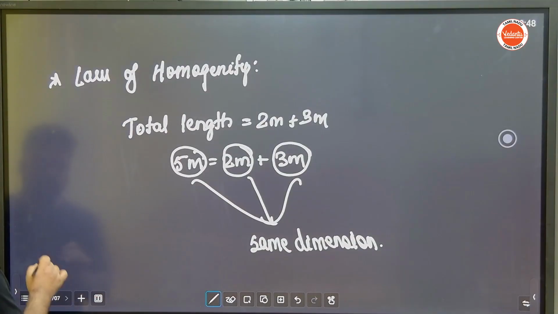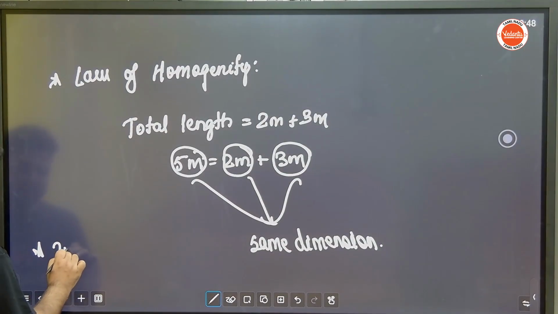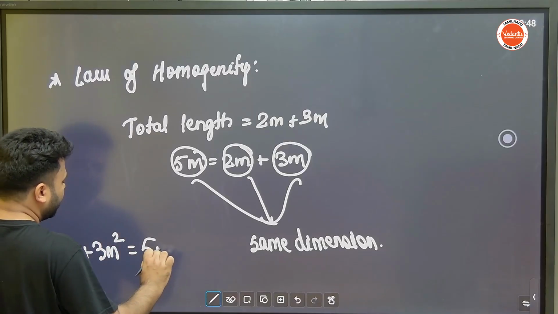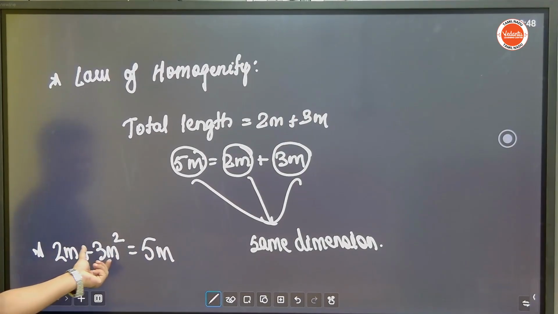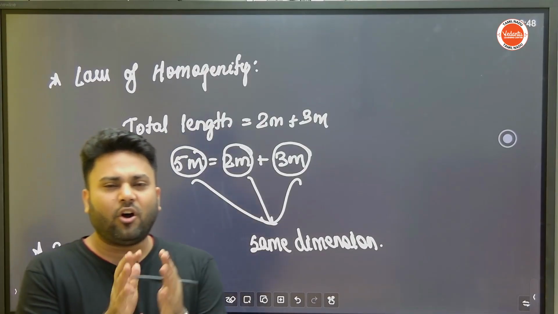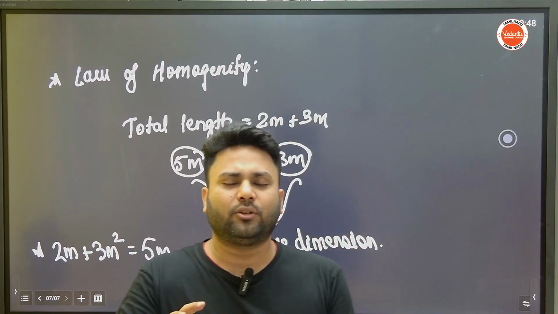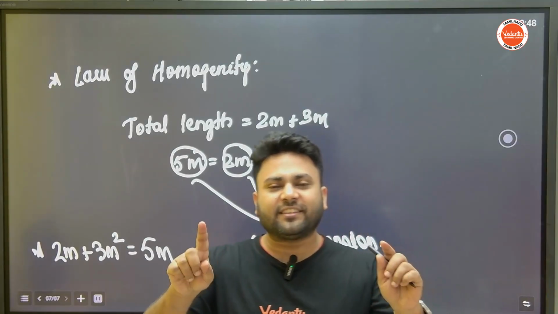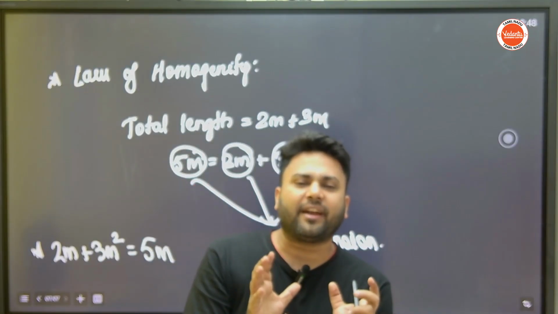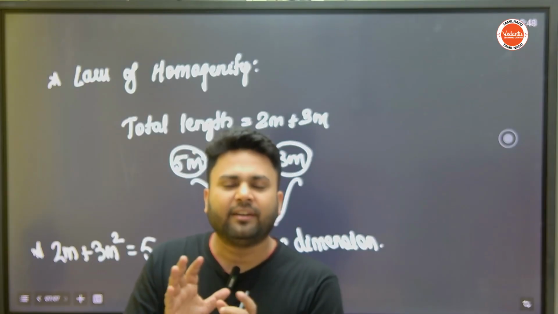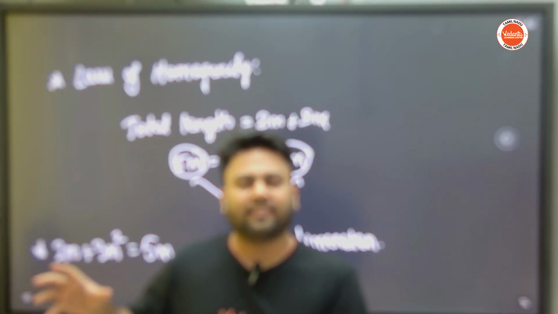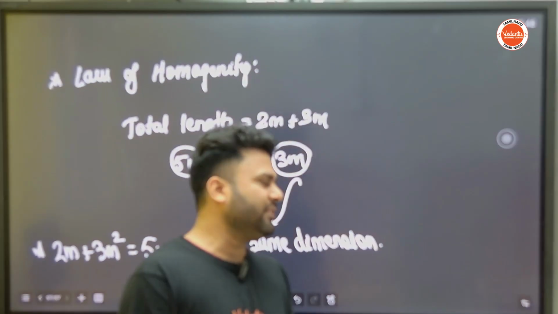Means you can never do like this now, that 2 meter plus 3 meter square equals to 5 meter. This is wrong. This is length, this is area. How you can add length and area? So we can always add or subtract two quantities having the same dimension. And the overall result we will get, that will also have the same dimension.